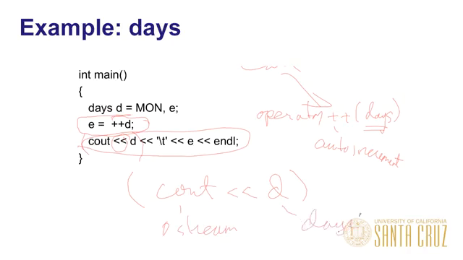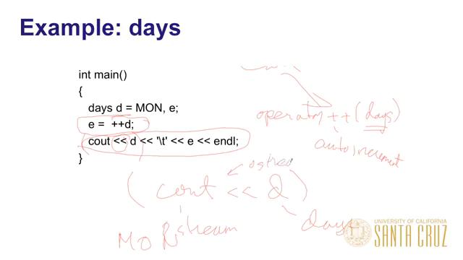And we've overloaded operator bit shift to have a meaning for that. And the meaning for that is going to be D is Monday. So we're going to see in the stream MON printed.